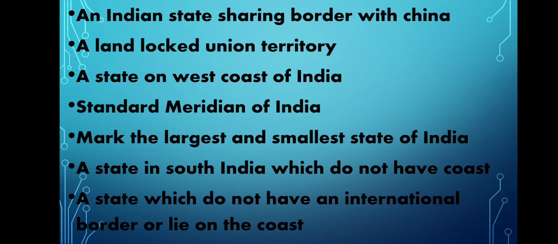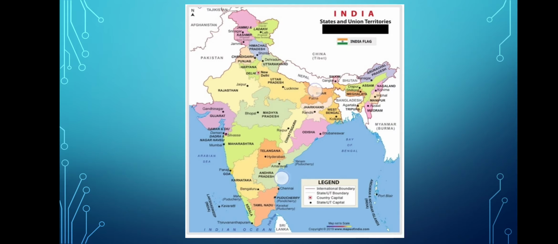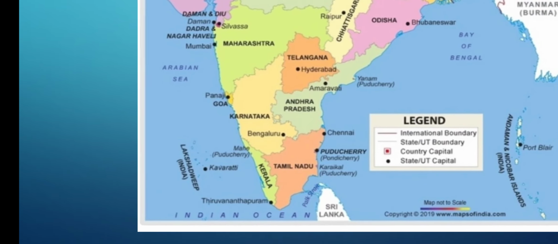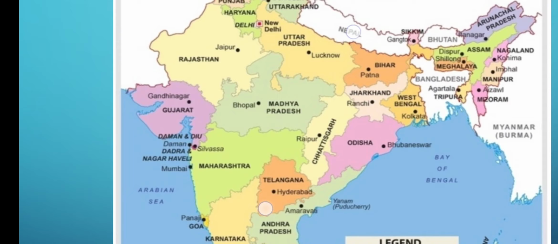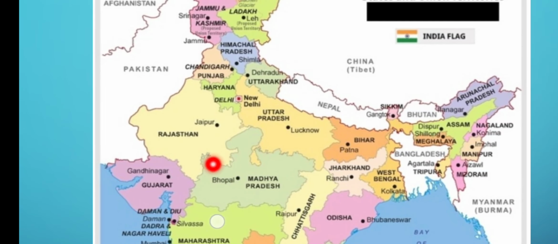Next question is, a state which does not have an international border or lie on the coast. It is a very tricky question: not sharing any international border and not having any coastline. So student, what will be the answer? Suppose Madhya Pradesh. You see this map. The state Madhya Pradesh, this one, is not sharing any international border, nor is it lying on the coast. So this can be the answer.